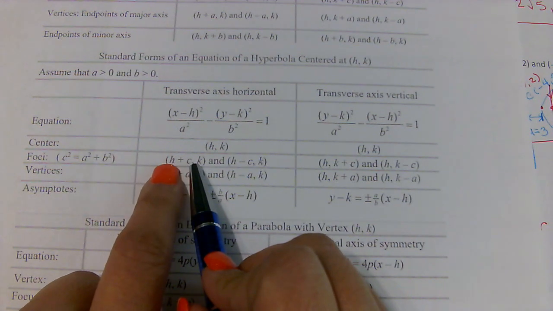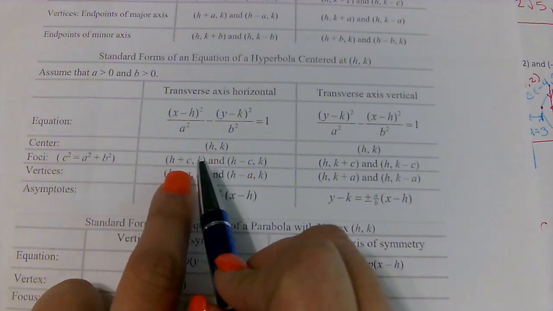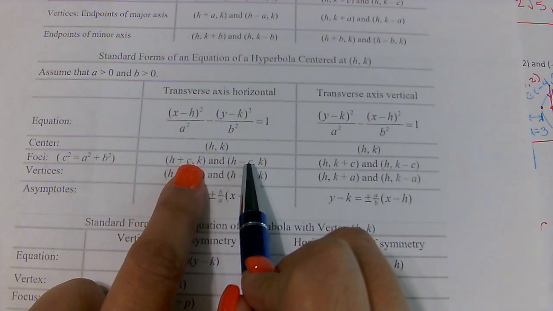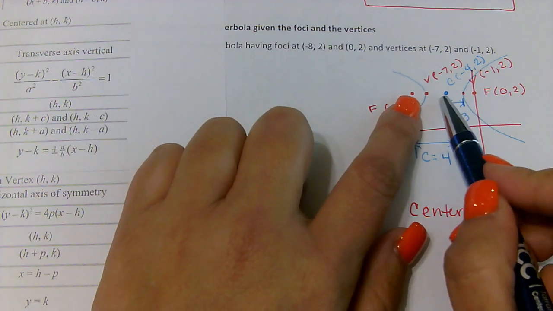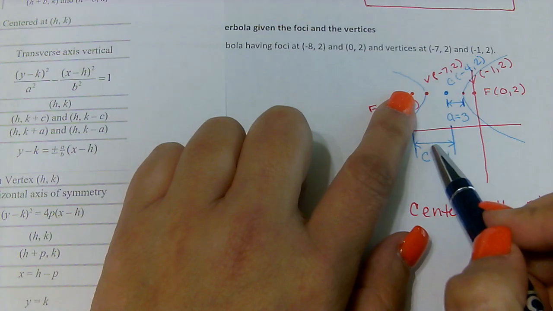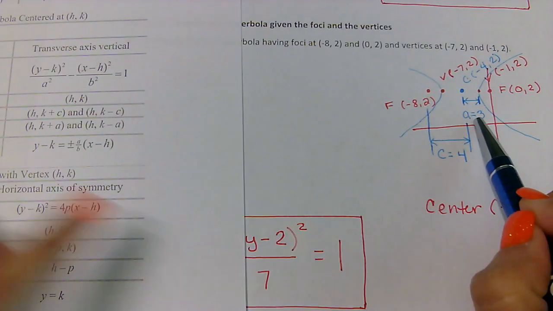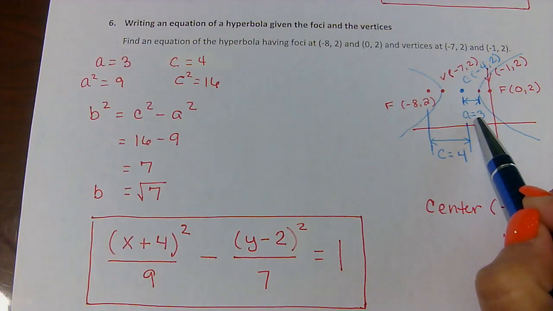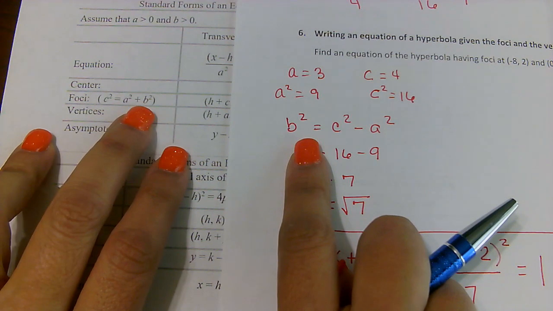Notice here I have our center here and this is our foci, and the difference is going to be either a plus c or a minus c. So when I go to here, I can see that the distance from the center to the foci is going to be 4. So I can see that c is equal to 4 and a is going to be equal to 3.